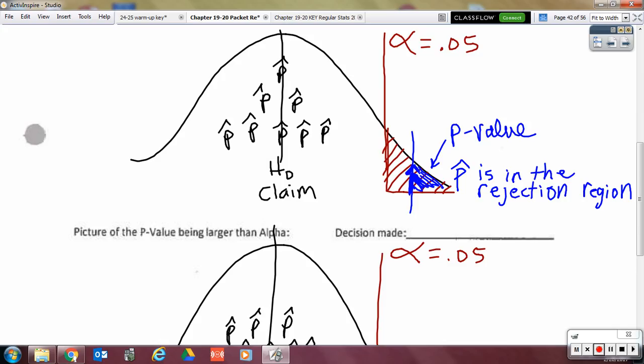So my p-value, I'm going to go back to my black. In other words, my p-value shading is smaller than my alpha shading. That's key. What we've drawn here is that my p-value shading is less than the alpha shading.